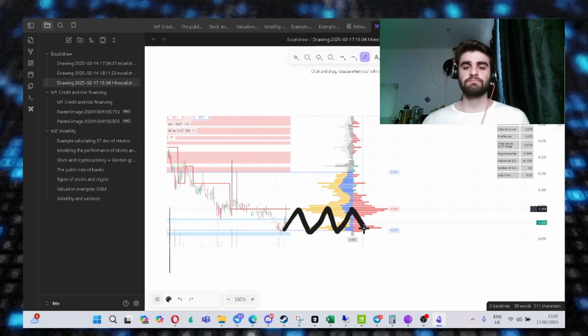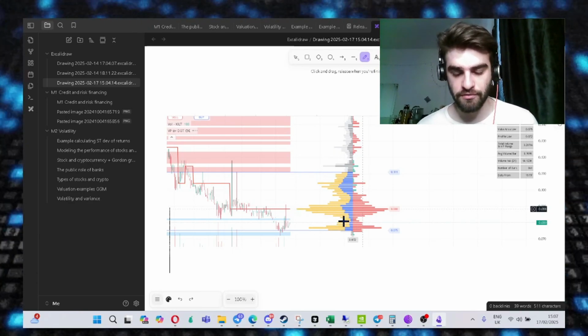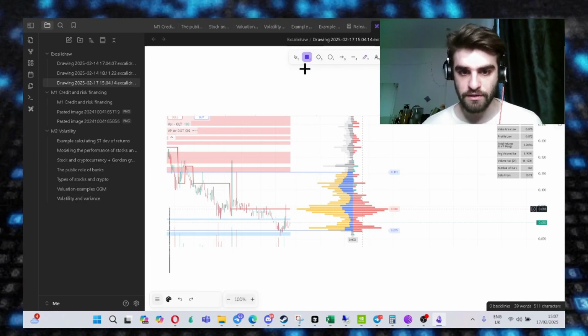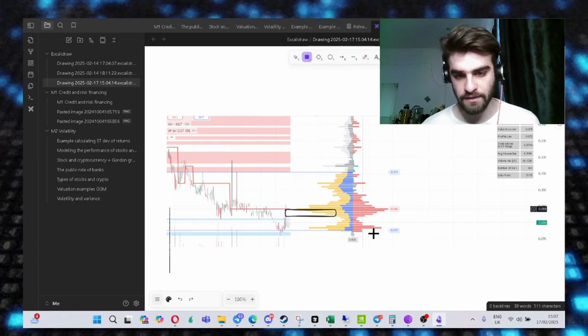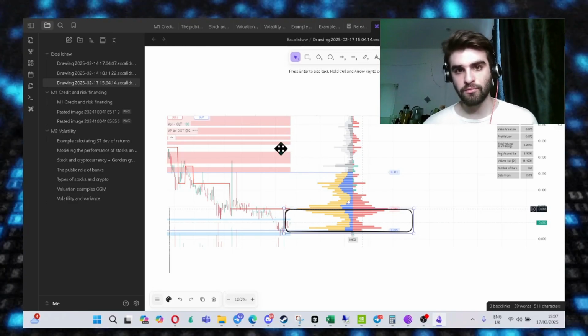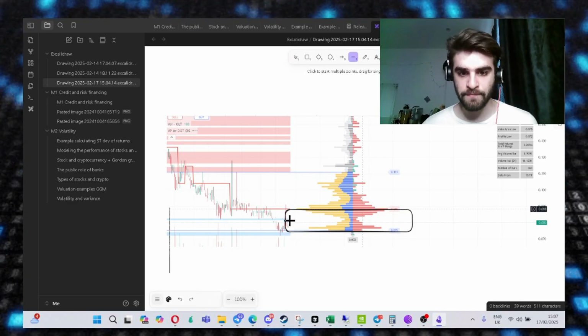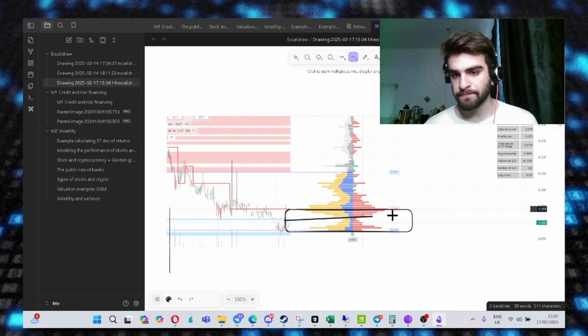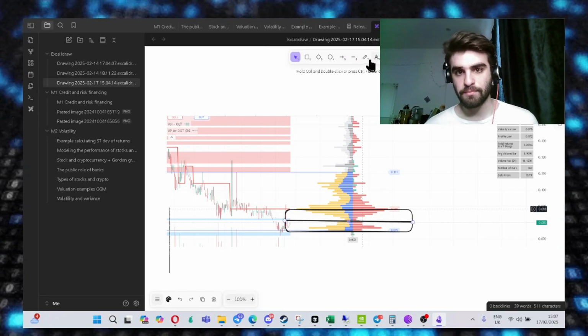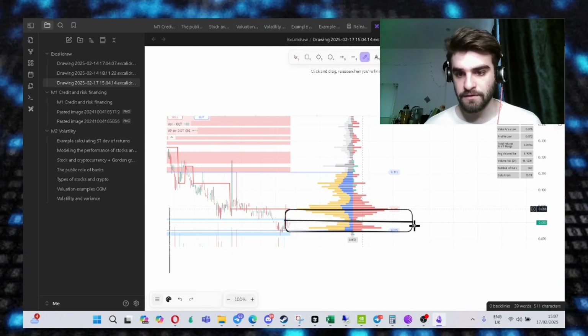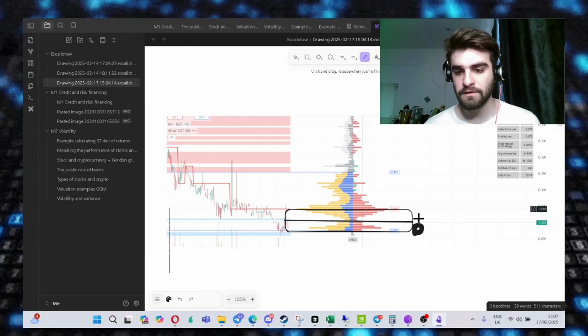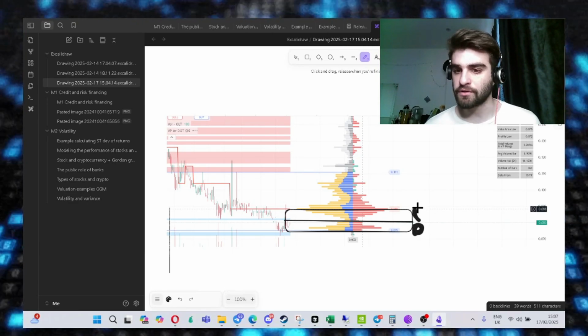This is probably our range for now. We need to take this area, and then here we would be creating a grid from the mid price where we buy. In this area we buy, and in this area we're gonna sell.